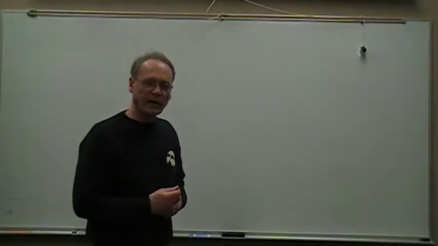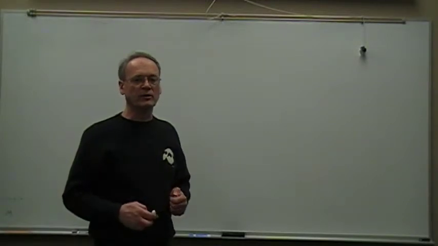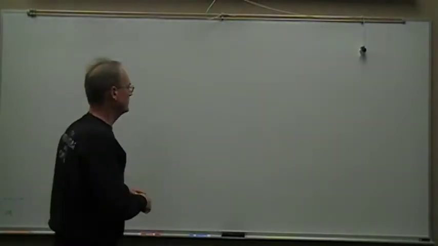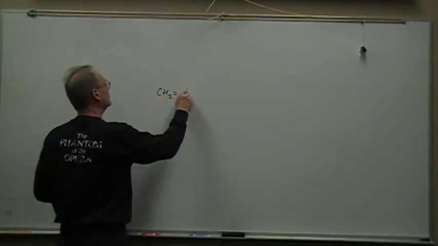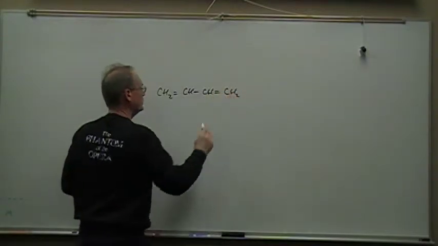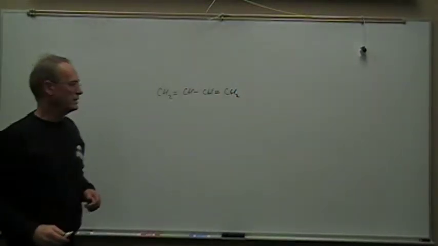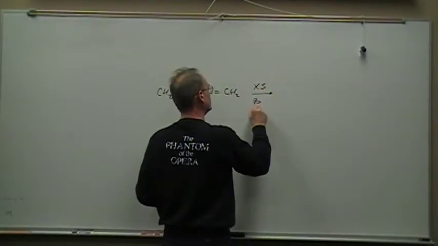Well, what would happen if we were to take a conjugated diene and react it with Br2, let's say? Let's do a very simple case first. So if we looked at just plain butadiene, and we added excess bromine to it, excess Br2.